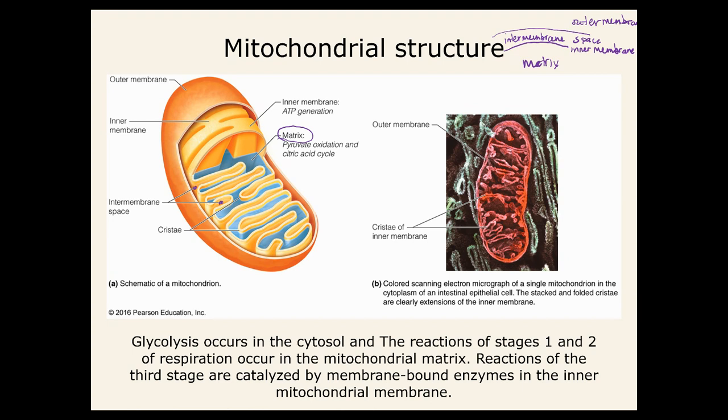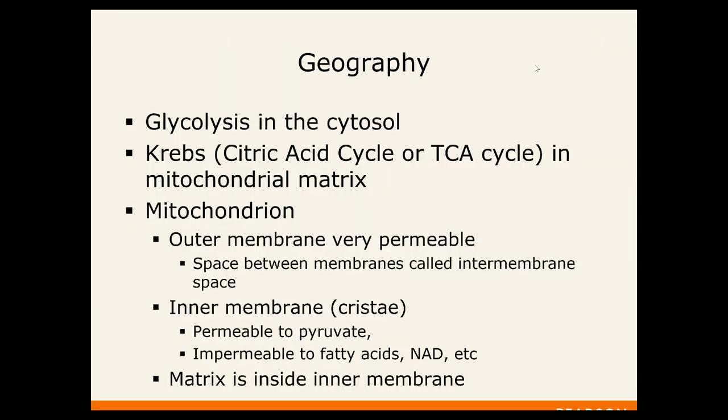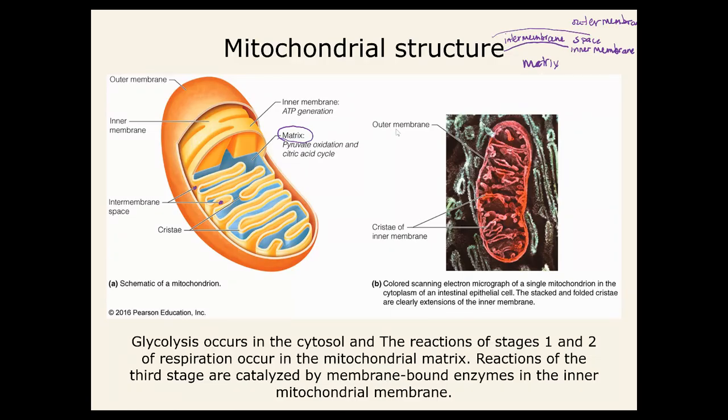Okay, so going back, let's just go back to the previous slide. Citric acid cycle will happen in the mitochondrial matrix, whereas glycolysis is not even in the mitochondria, but it's in the cytosol. So picture that this is part of a bigger cell, right?